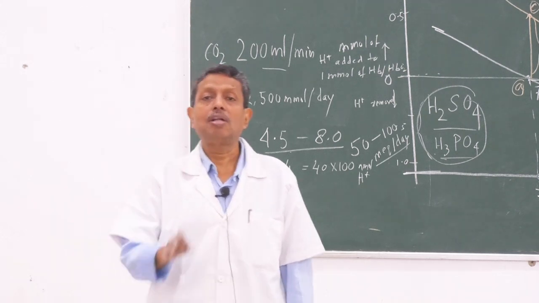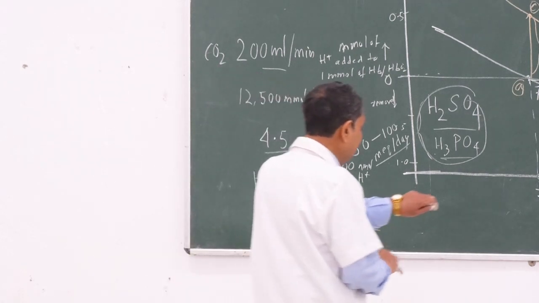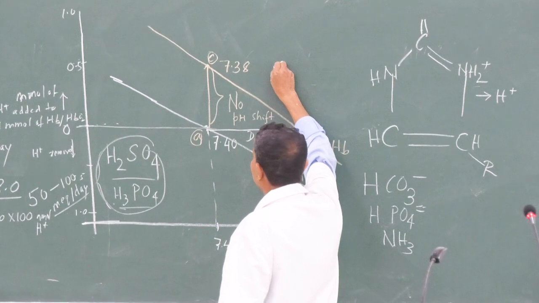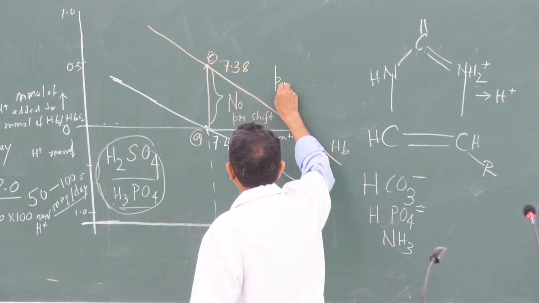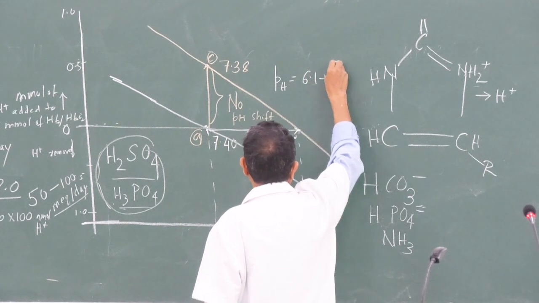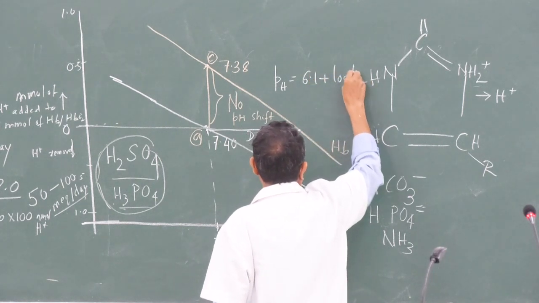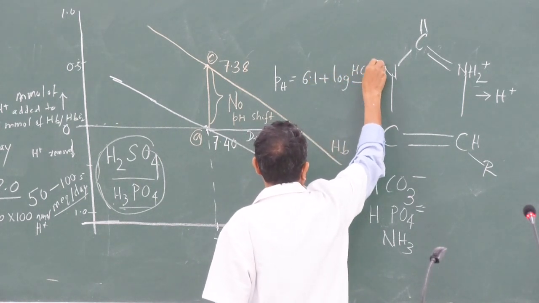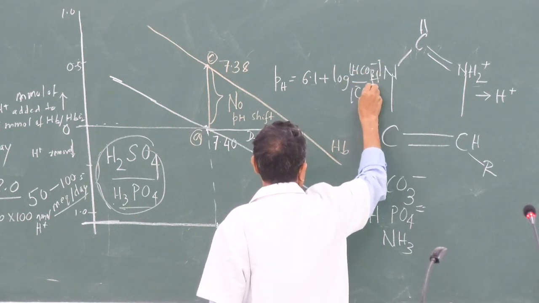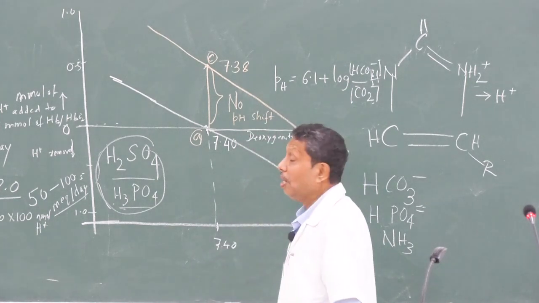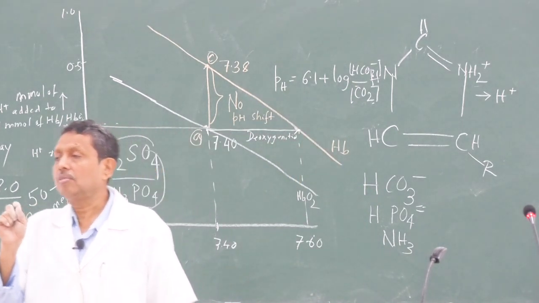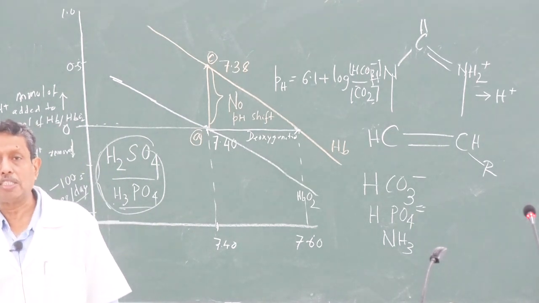From the Henderson-Hasselbalch equation of the bicarbonate system, pH is equal to 6.1 plus log of the bicarbonate concentration over the CO2 concentration. Normally pH is 7.40 in arterial plasma.